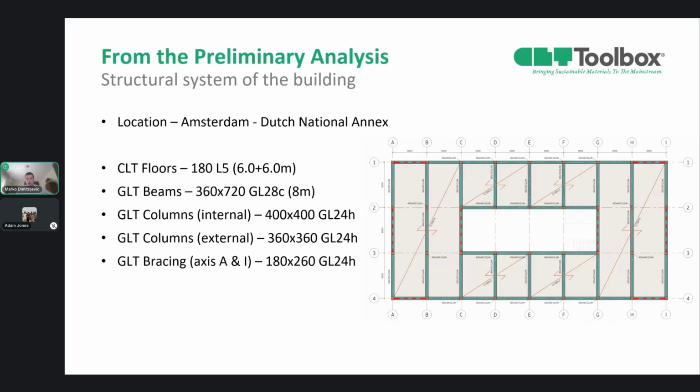Slabs are supported by glulam beams in the Y direction, and the GLT beams are simply supported with a span of 8 meters. We also have glulam columns, and here is a recapitulation of what we designed in the previous webinar. We have floors of CLT 180, 5 layers, and we have beams, dimensions, columns, dimensions, and so on.